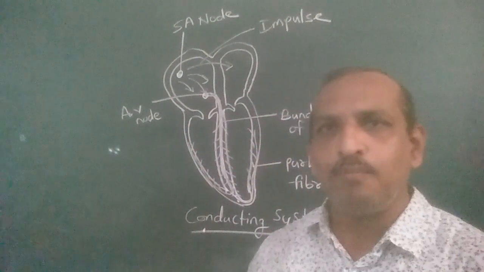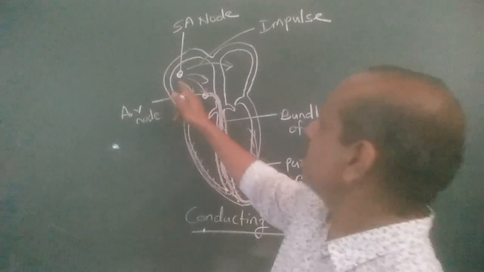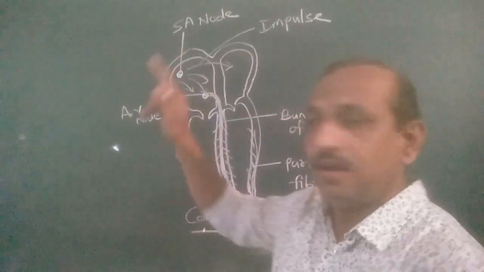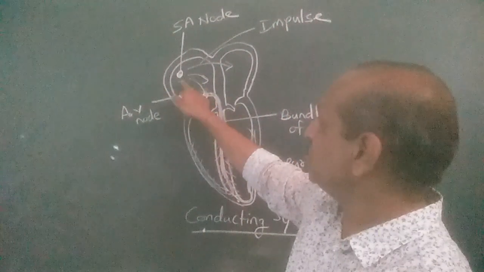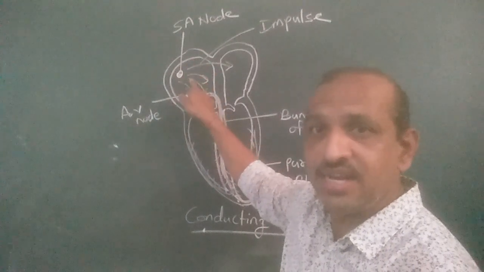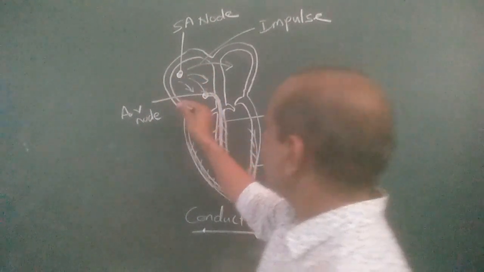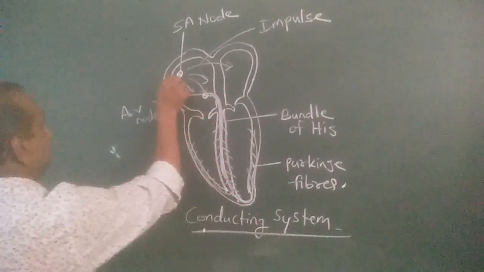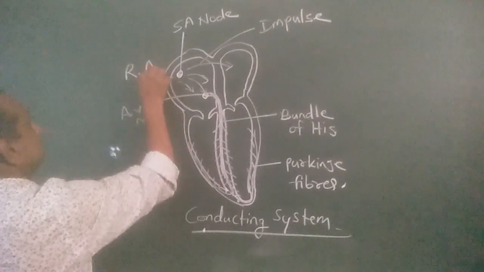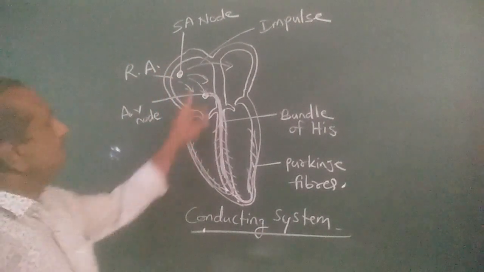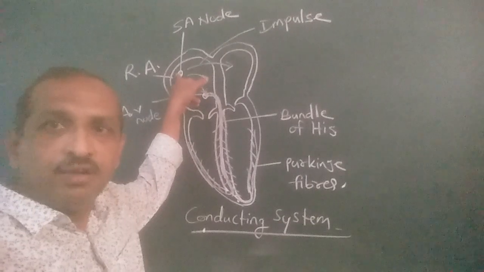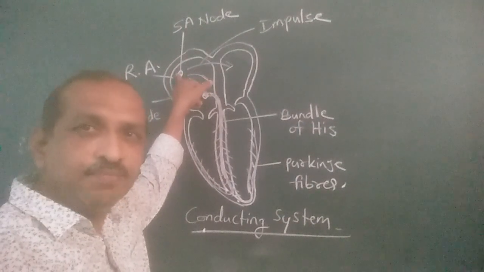So, where are these components situated? The first component, the SA node, is situated on the upper side in the dorsal wall of the right atrium.